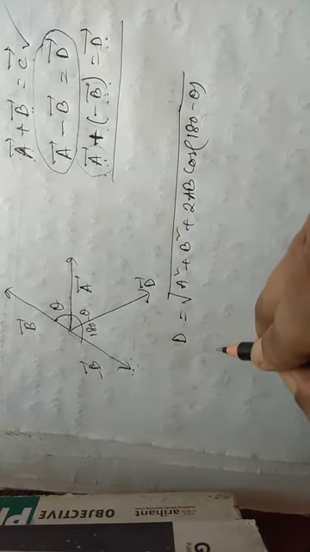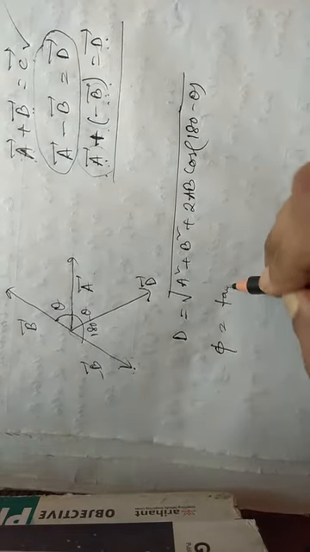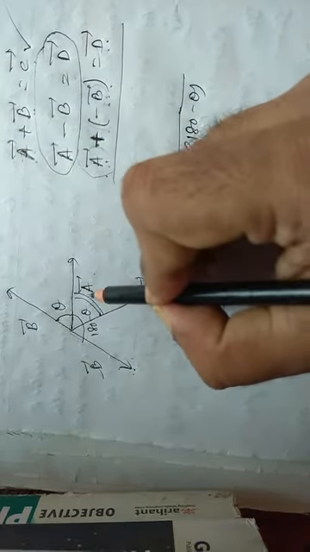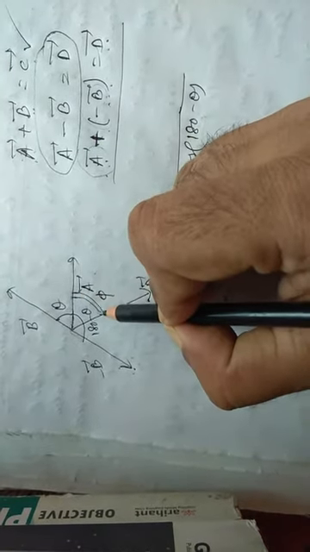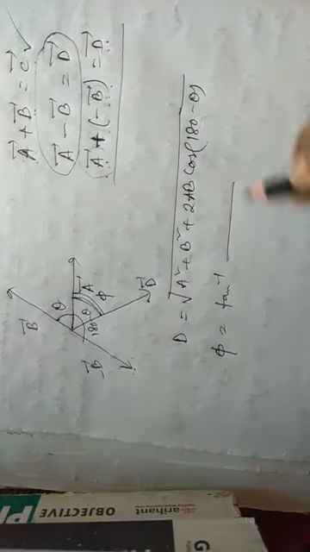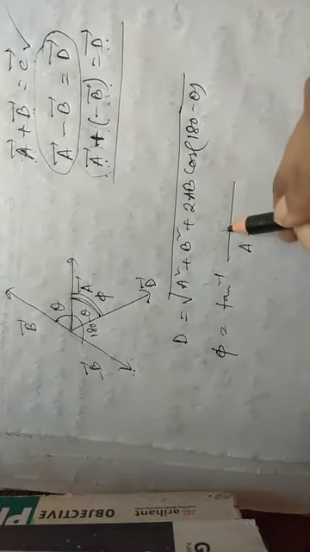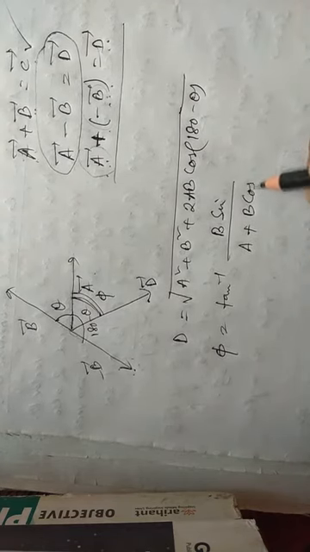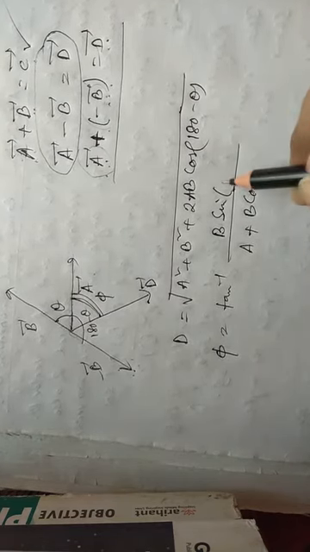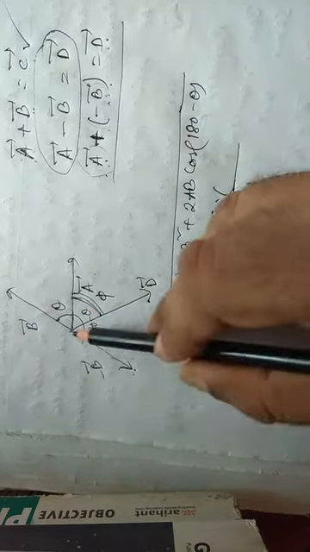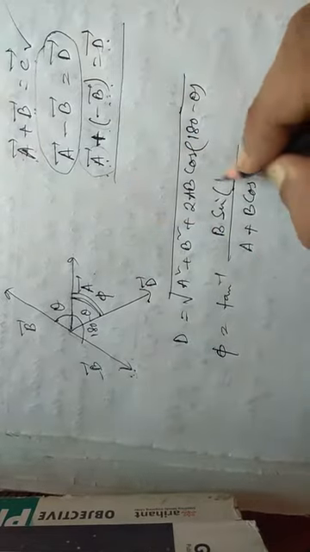And for the value of phi, if we take this as phi, now this line touches vector A, so vector A will be separated here. The rest remains like this, B sine, B cos. Now the angle was 180 degree minus theta. The original angle between vector A and vector minus B was 180 minus theta.